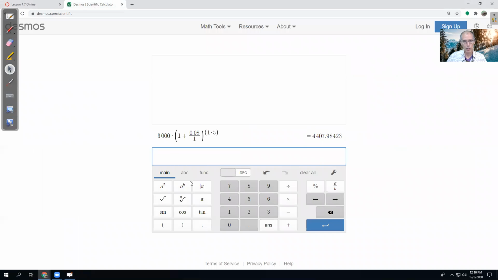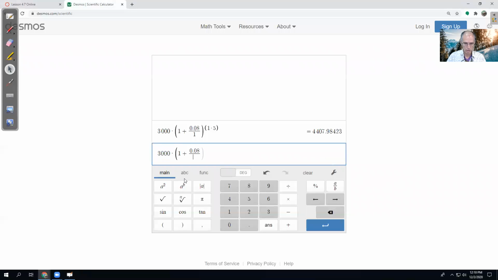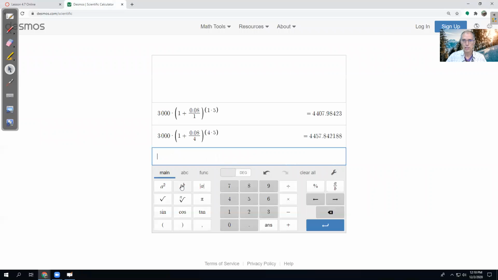And I should have more money than I did before because I'm getting interest more often. And on my version of Desmos, I had to put the power in parentheses. And Desmos says I get almost 50 bucks more. That's pretty cool.